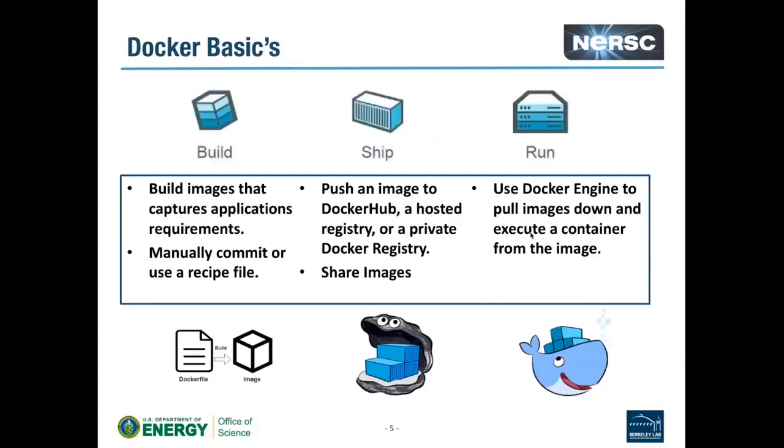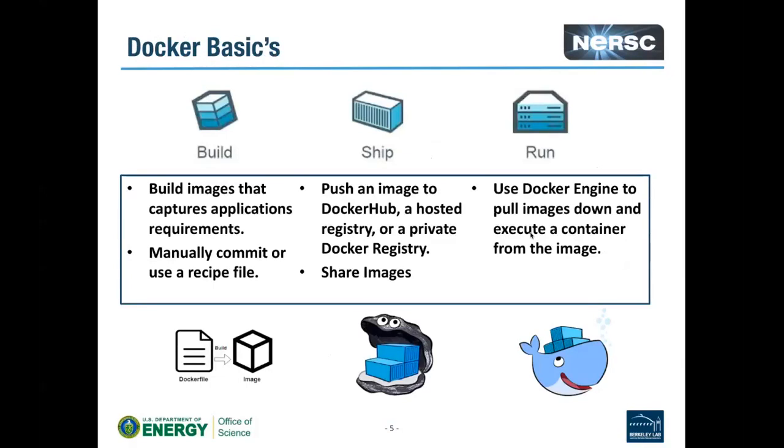So at its foundation, the way we talk about what containers allow you to do is build, ship, and run. It gives you tools and a model for creating a recipe of how you want to construct this environment, this image, and build that. Then ship it by pushing it to a repository like Docker Hub, which, if you use Git, is the same thing but for containers.